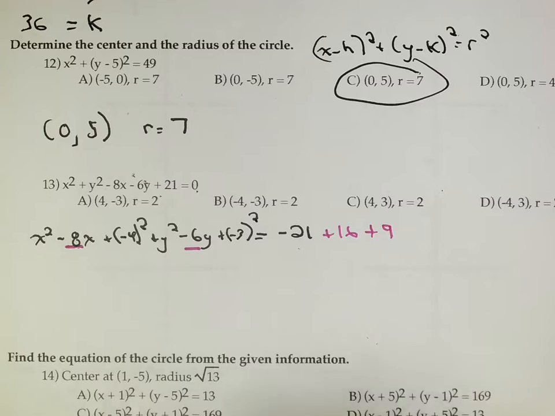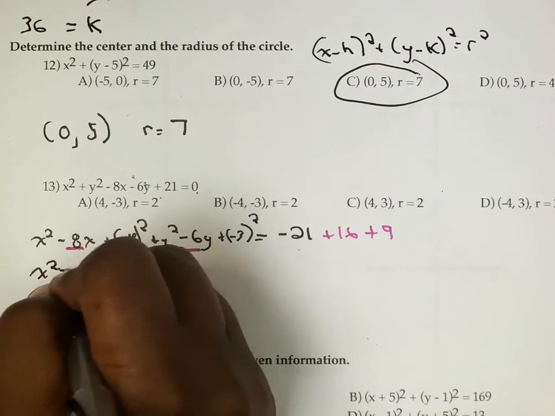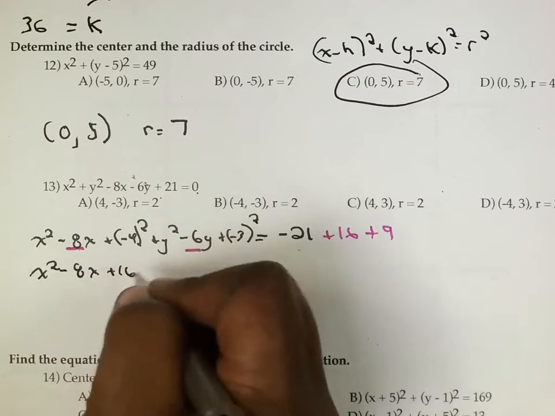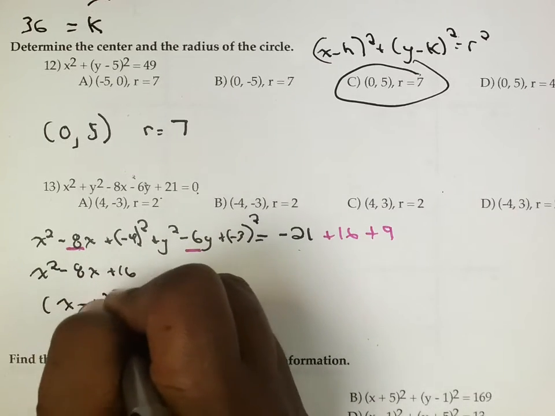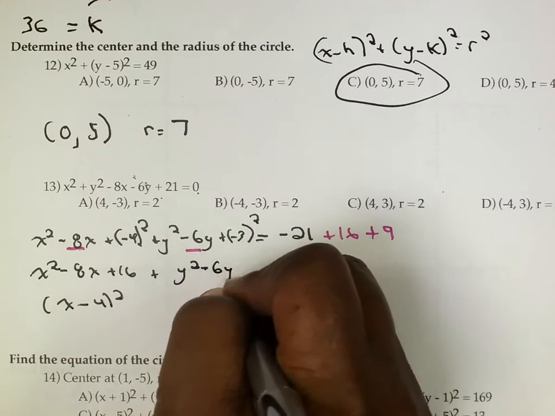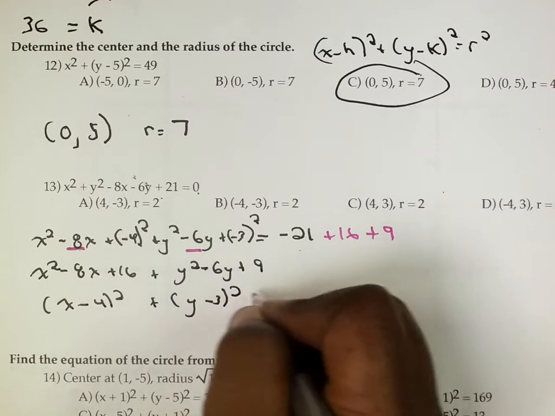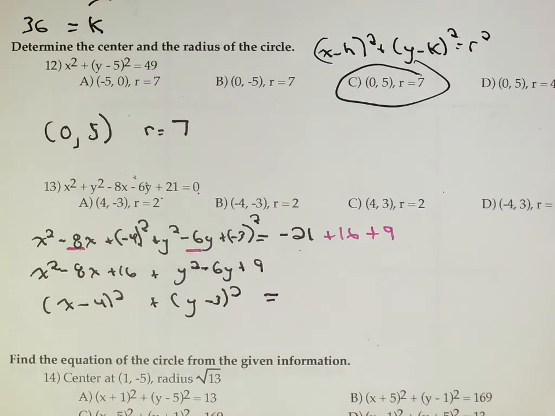What I've created is these perfect square trinomials, because this is x squared minus 8x plus 16, which is x minus 4 squared. This term, y squared minus 6y plus 9, is the same as y minus 3 squared. And then on the other side, I just need to add those terms.